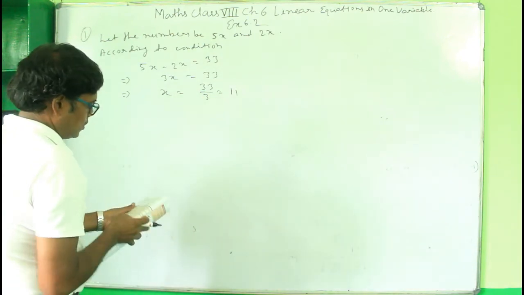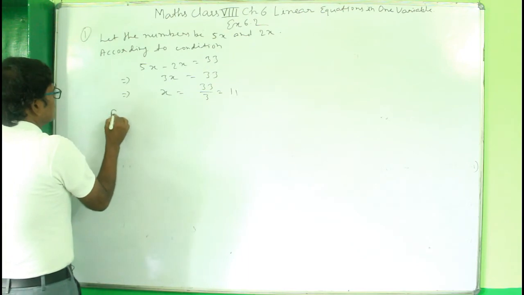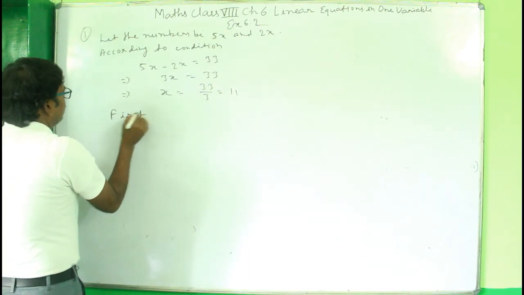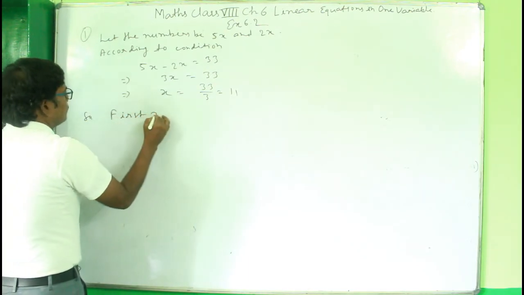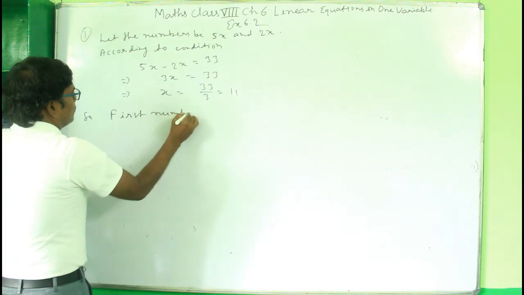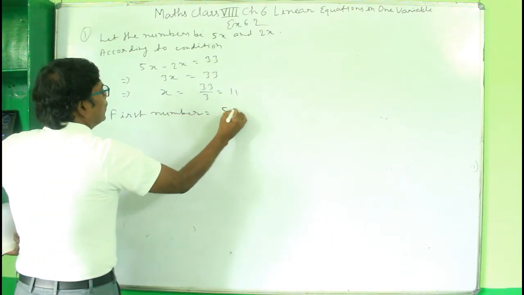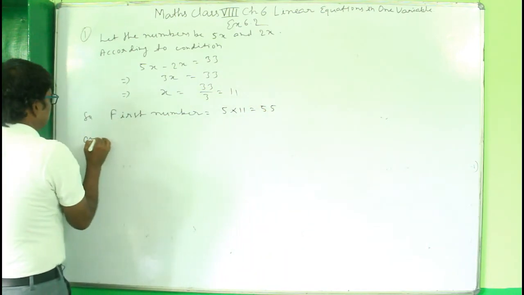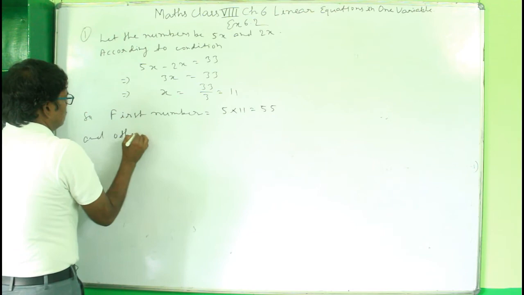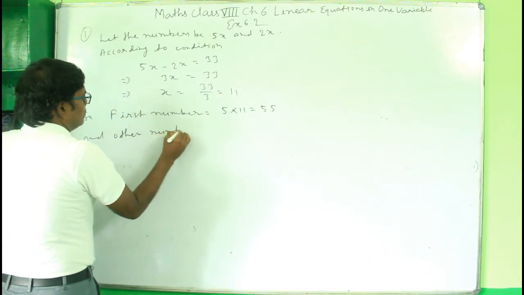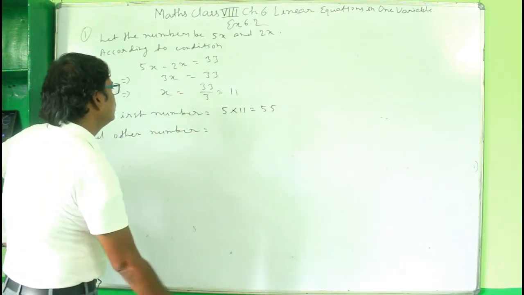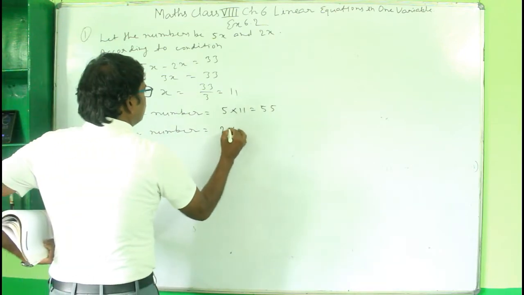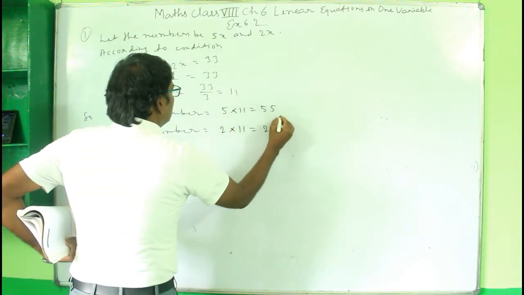So here the final numbers: first number equal to 5 into 11 equal to 55, and other number equal to 2 into 11 equal to 22.